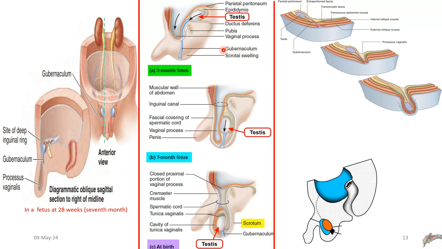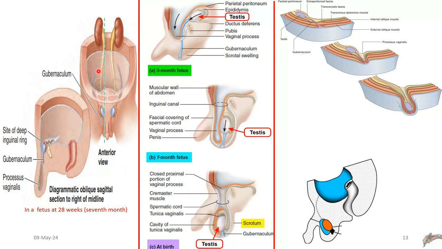The gubernaculum is just connective tissue that attaches to the lower pole of the testicle, and inferiorly it's connected to the area where the scrotum will form. So this gubernaculum will pull the testicles down, of course on either side.